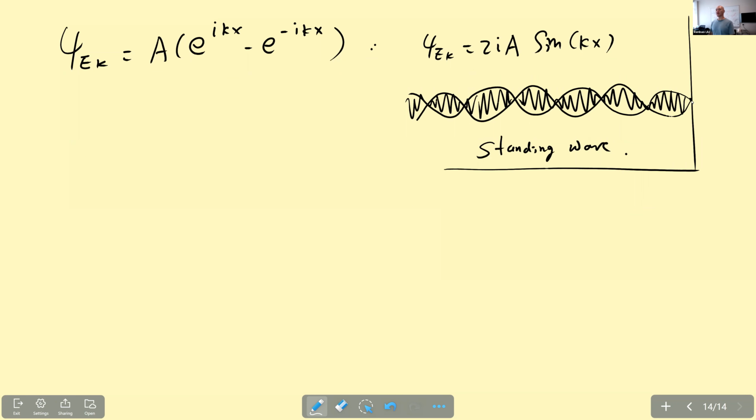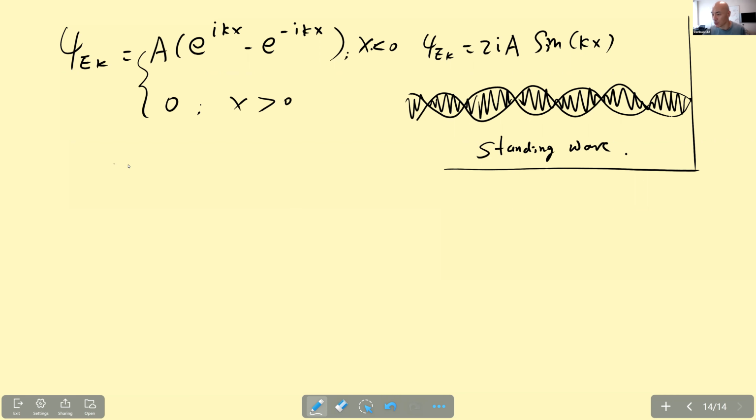So then what is the physical meaning? Let me write down a wave packet. Again, remember this one is correct only for negative x.